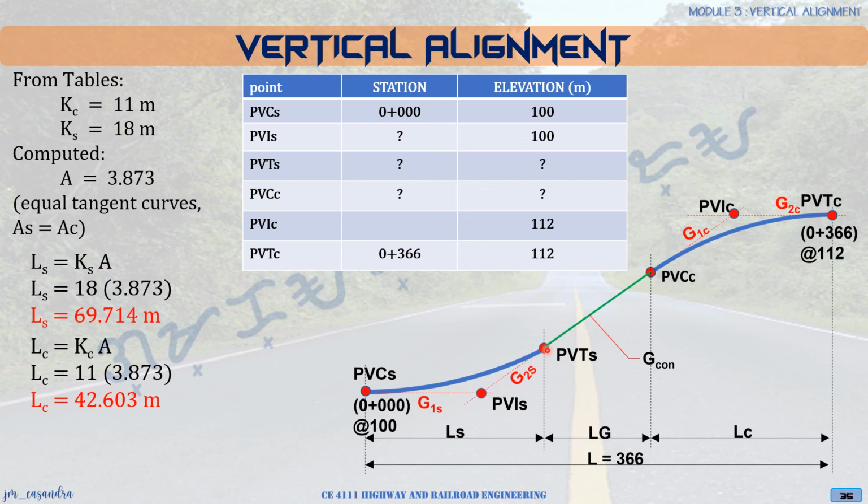And then PVC of the crest will be equivalent to PVT plus LG. PVIC is PVC plus L over 2 of the crest curve, and from PVIC, plus LC over 2 should be equal to 0 plus 366. Then for your elevation, you could simply solve for the value of your heights y to solve for the elevation of PVT and PVC.